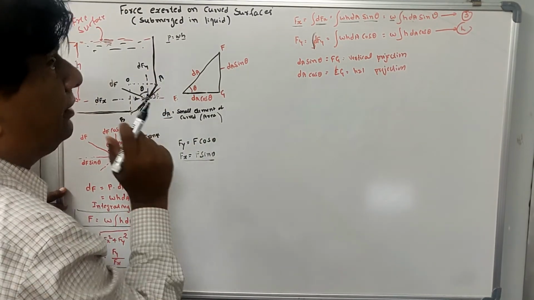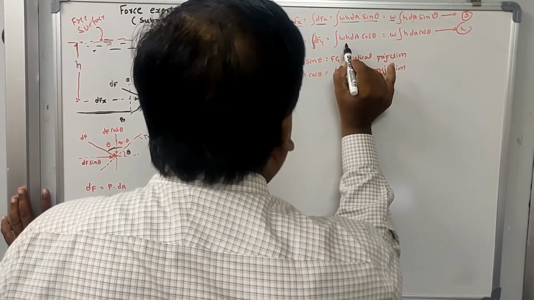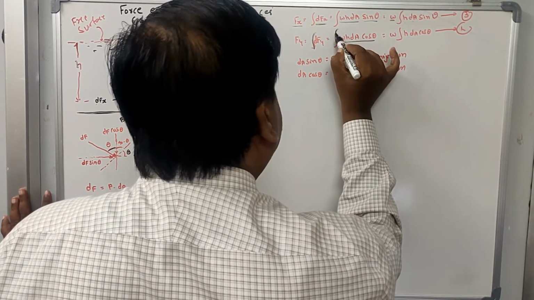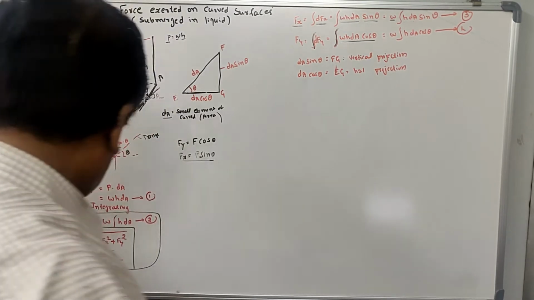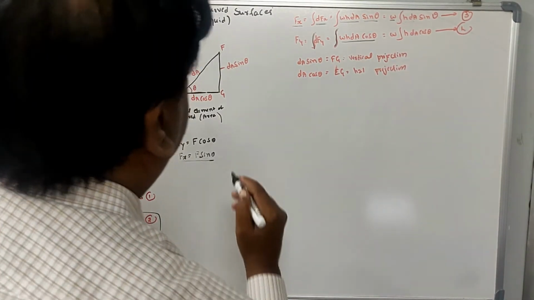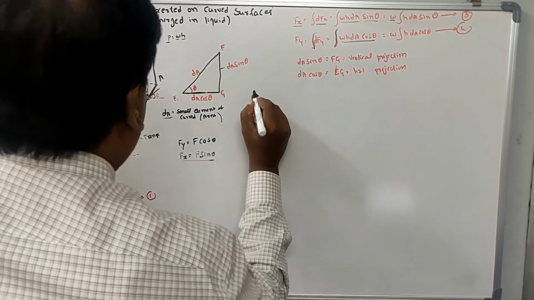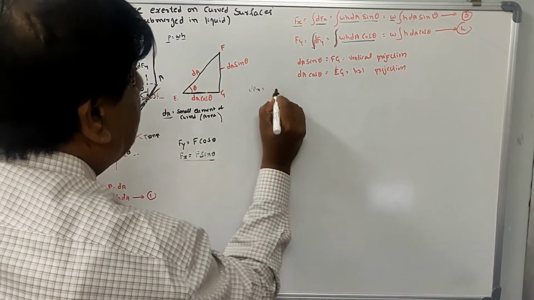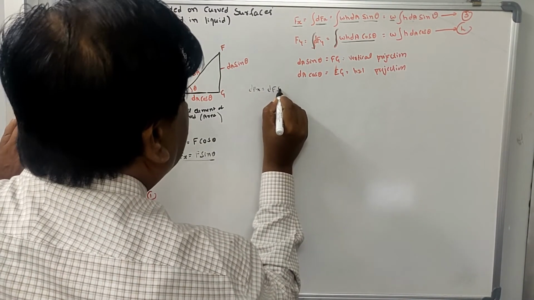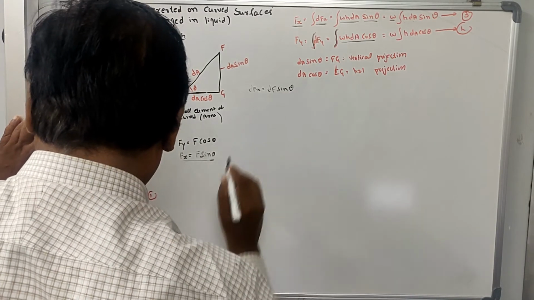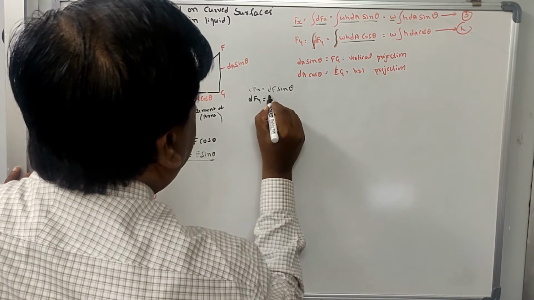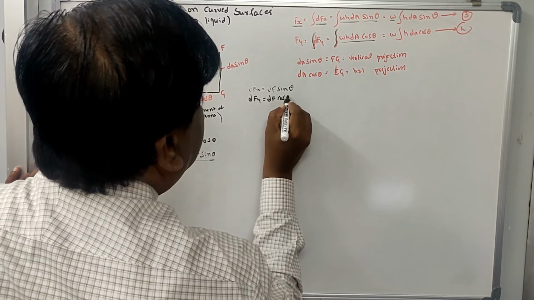So dF is w h dA cos theta, because dFx is equal to dF sin theta and dFy is equal to dF cos theta.